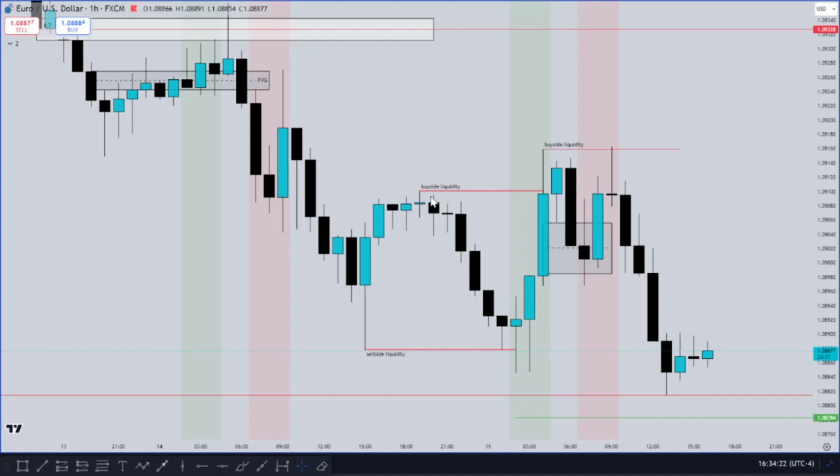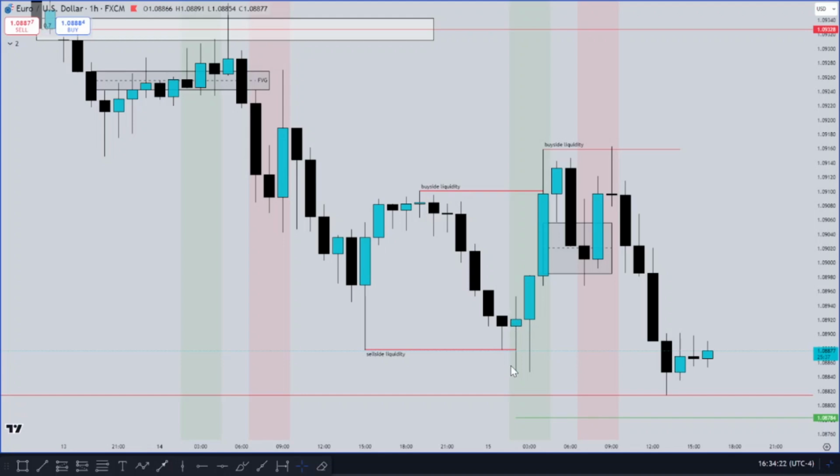Looking at the Asian session high, you can see how price moved back and forth on the 1 hour time frame. If you go to the 15-minute time frame, you will see a whole lot of consolidation, and price only took out the sell side, which means there is buy side liquidity resting above the Asian session high. That will be your next draw on liquidity, where you'll be anticipating price to take out the buy side liquidity.